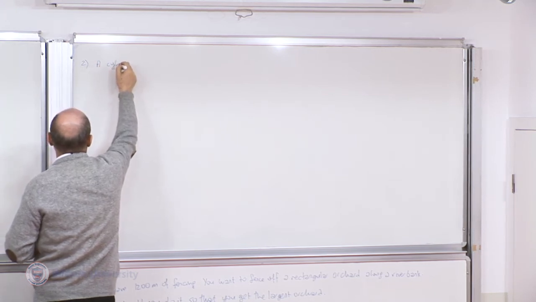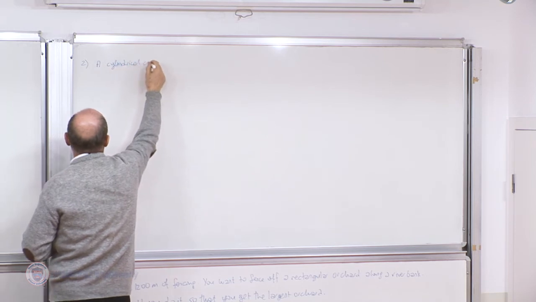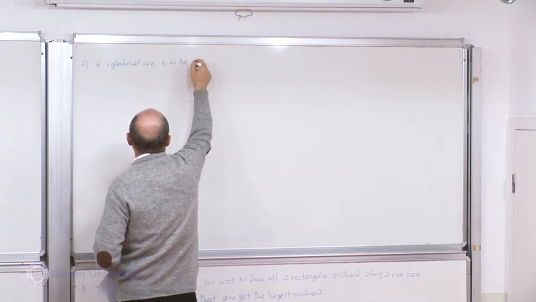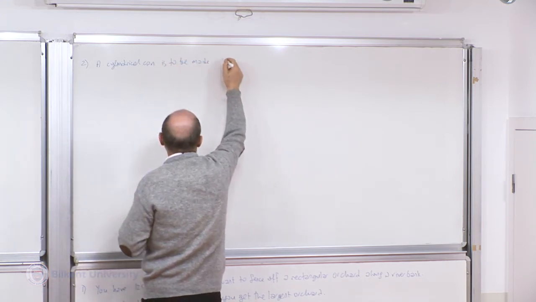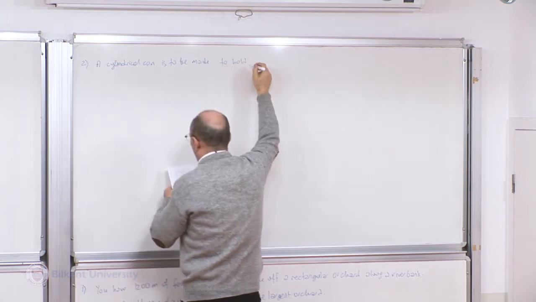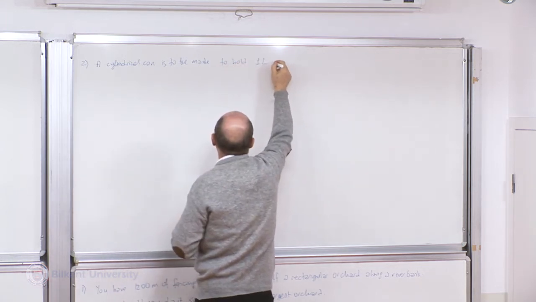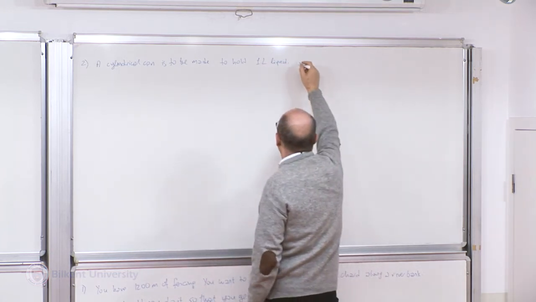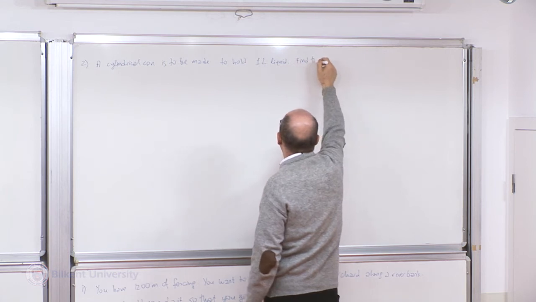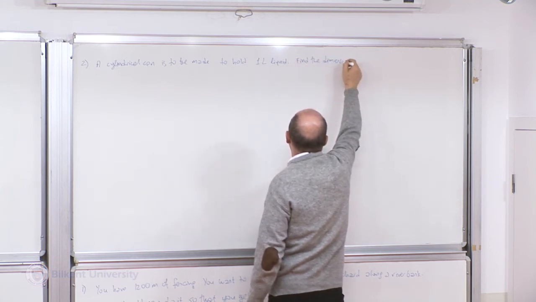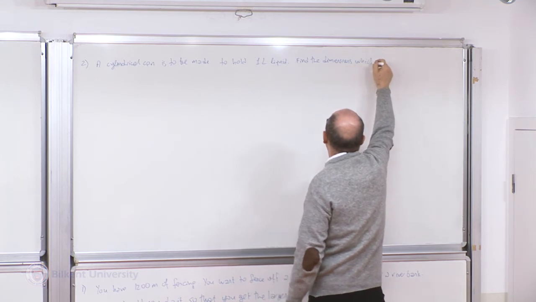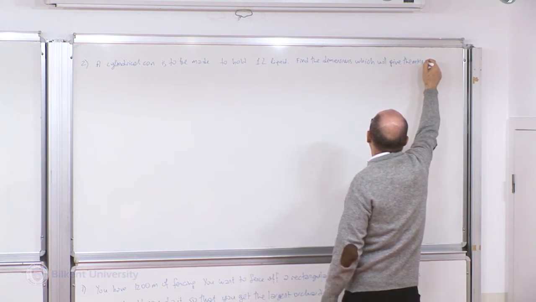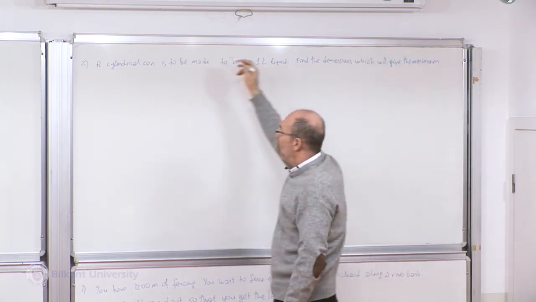A cylindrical can is to be made to hold, let's say, according to the problem, 1 liter liquid. Find the dimensions which will give the minimum surface area.